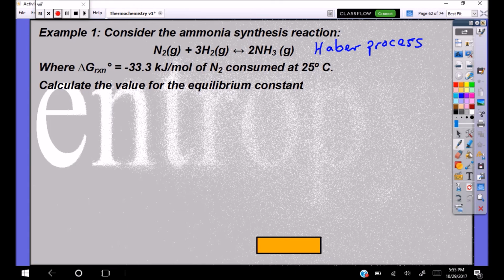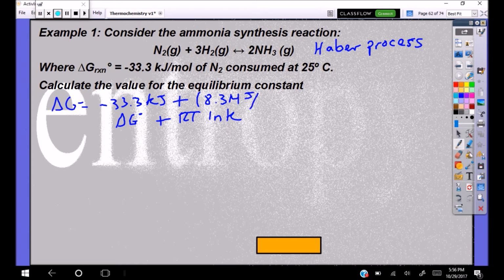All right. So we know that delta G is going to be equal to negative 33.3 kilojoules because that is our delta G reaction. So delta G, and then this is going to be plus my RT natural log of K. They tell us it's at 25 degrees, so we know it's 298 K. Now there's one key piece of information here.